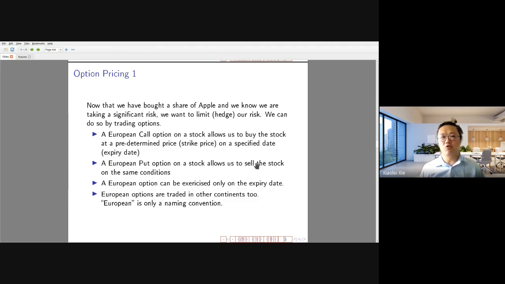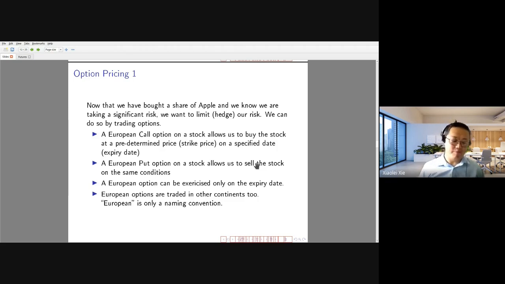A European call option on a stock allows us to buy the stock at a predetermined price, called the strike price, on a specified date. That's called the expiry date. Then the European put option allows us to sell the stock at a specified price on a specified date.